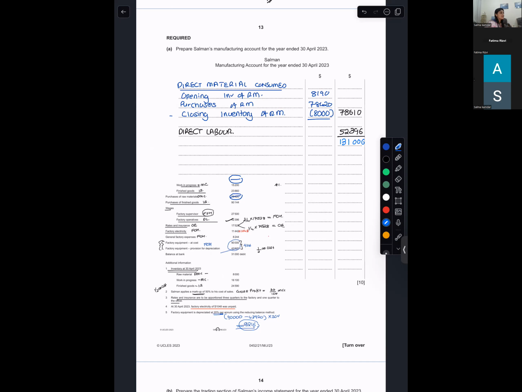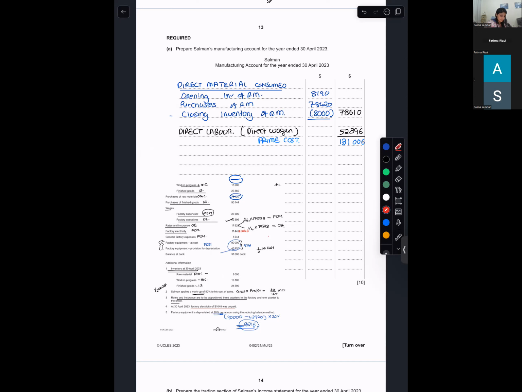What are the two things that come under direct expenses? Royalties and hire of special plant. So what is the prime cost? 131,006. You don't need to write the detail for the direct labor; if it is one item, they will not reduce marks.